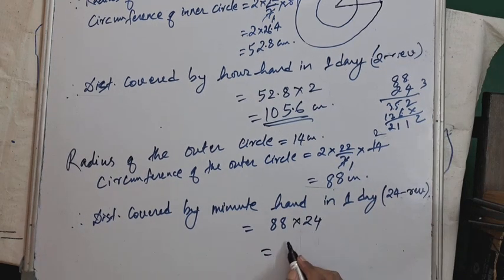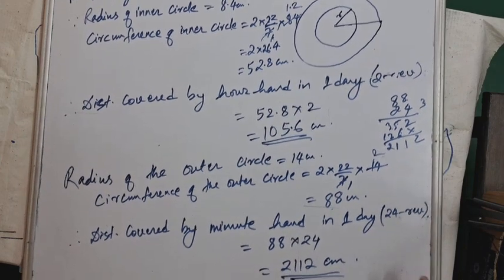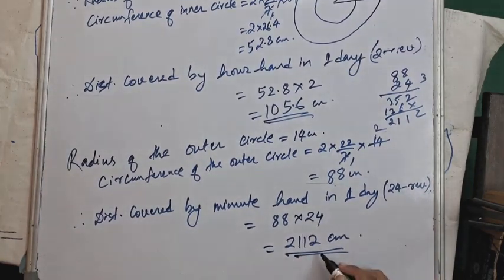So this is 2112. The distance covered by the minute hand is 2112 centimeter. I hope you got this. So this is the solution for question number 11.